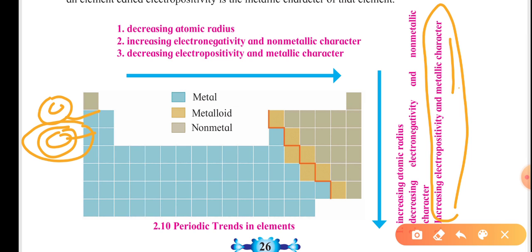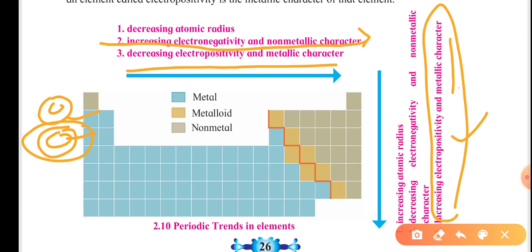Here there are three shells, so electropositivity increases. The reverse is true: electronegativity and non-metallic character increase along the period. And electropositivity and metallic character decrease along the period, this is also true.